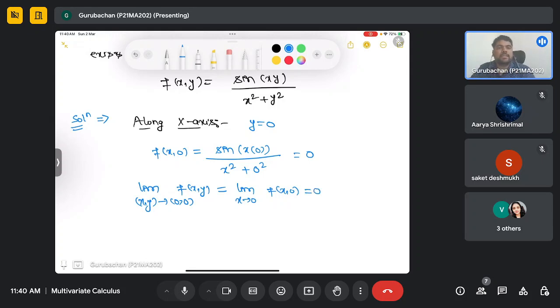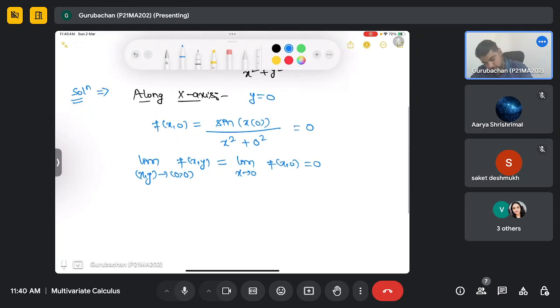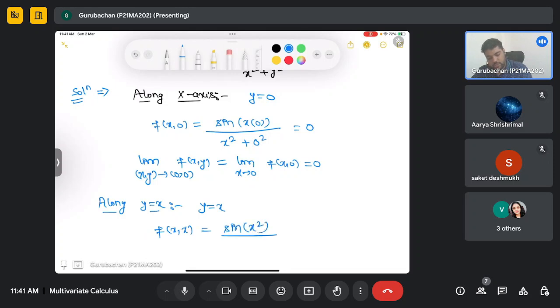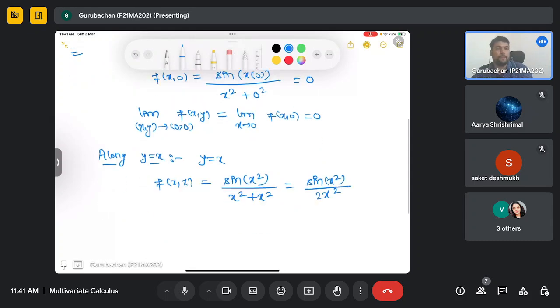Now we will consider a different curve, that is, along y equal to x. Along y equal to x, the function becomes f(x, x), which is sine of x squared divided by x squared plus x squared, which is equal to sine of x squared divided by 2x squared.